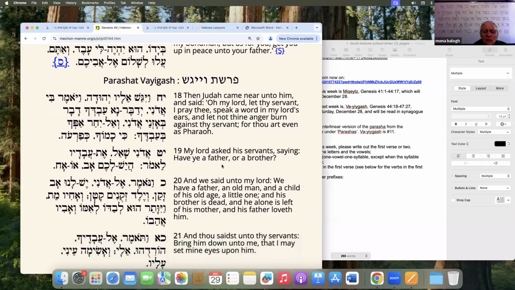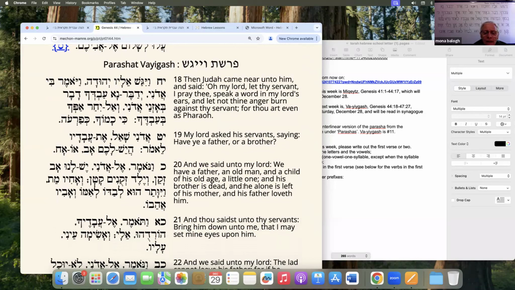My lord asked his servants, saying, have you a father or a brother? And we said to my lord, we have a father, an old man, and a child of his old age, a little one," this is Benjamin, "and his brother is dead, and he alone is left of his mother, and his father loves him."